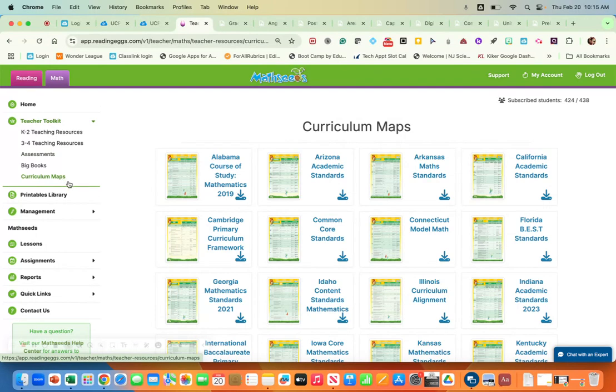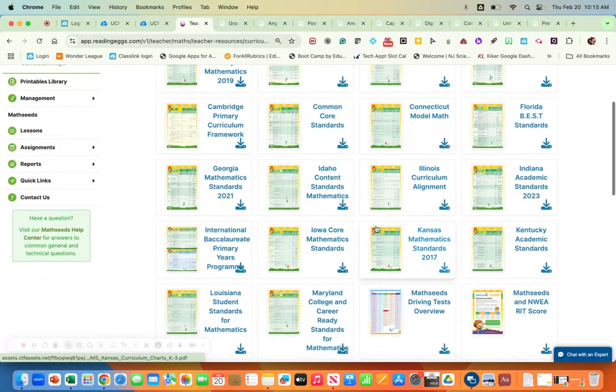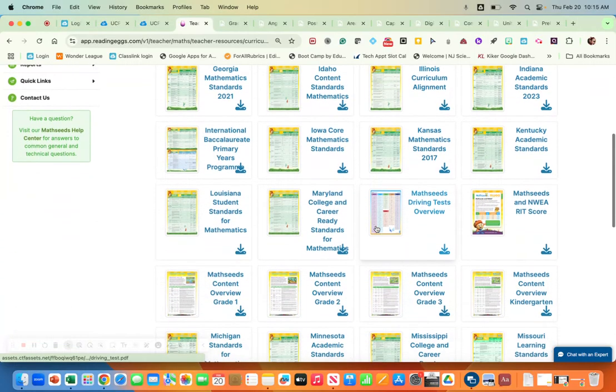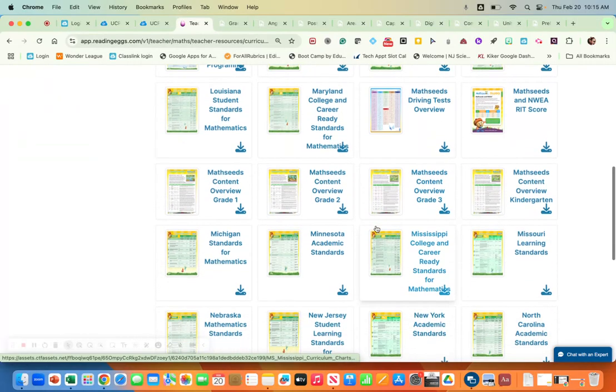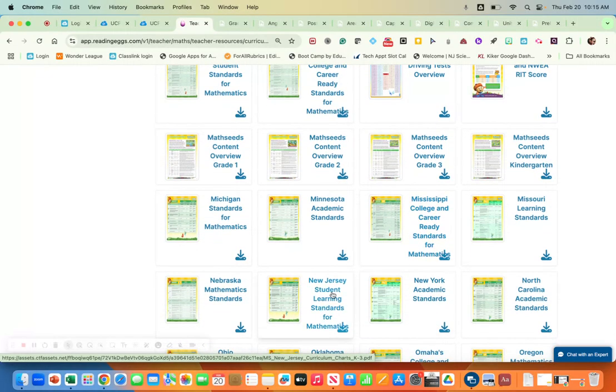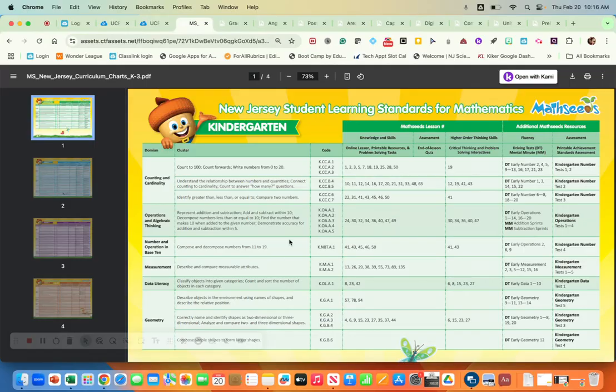Okay, so the curriculum maps are just maps related to the curriculum or standards within different states. I am almost positive that New Jersey, oh, look at that. I am not almost positive. So the New Jersey Student Learning Standards for Math are here.